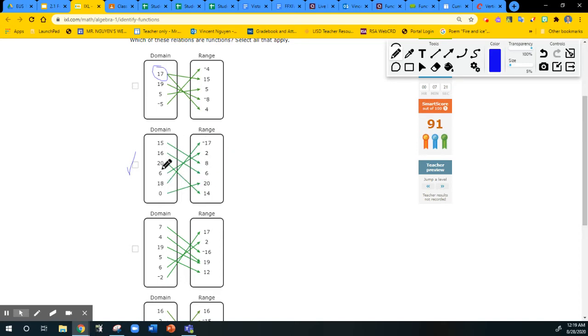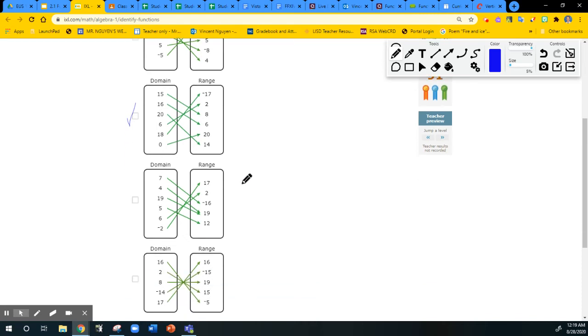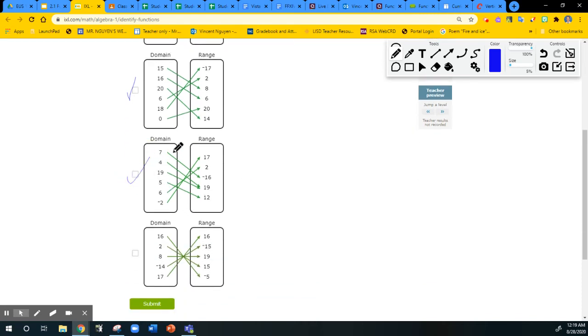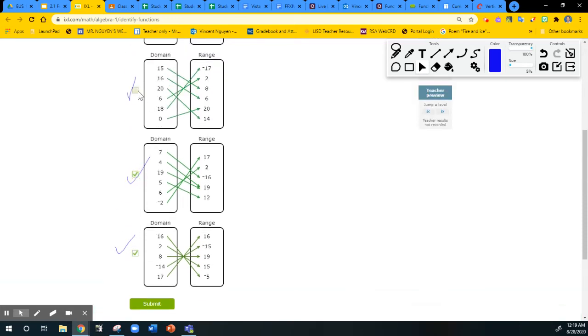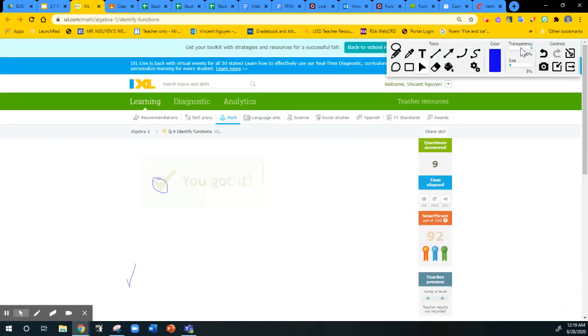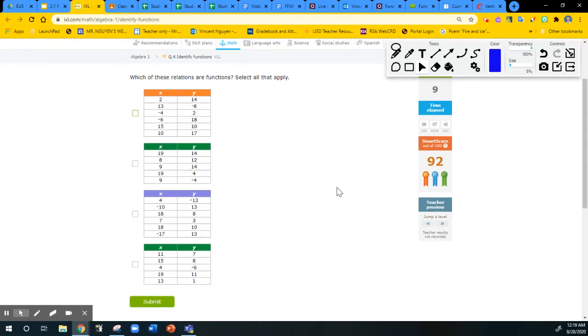I'm not sending 20 to two different places, so I'm good. This one, same thing. I'm only sending each of these to one place. This one is the same thing. So all good. There are three functions here. So I'm going to check this box, check this box, and check this box. Submit. Excellent.